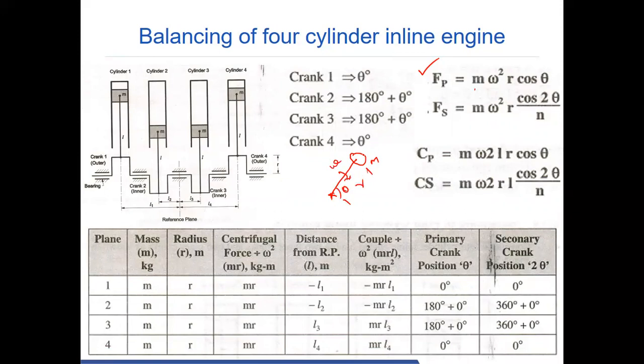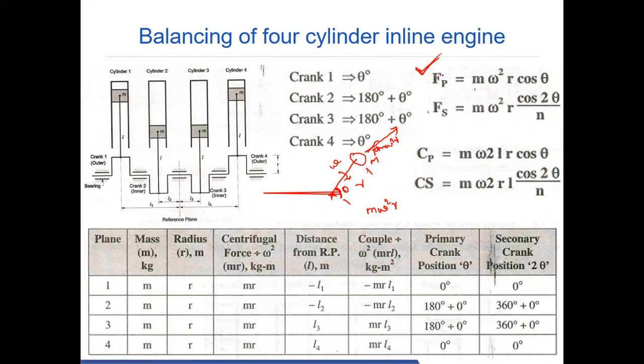Then what will be the centrifugal force? The centrifugal force is equal to m omega square r, with direction theta. This force can be represented like this.